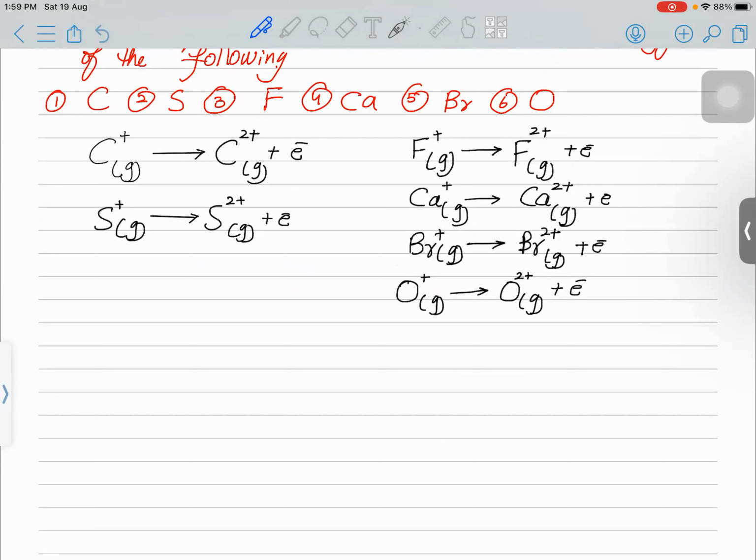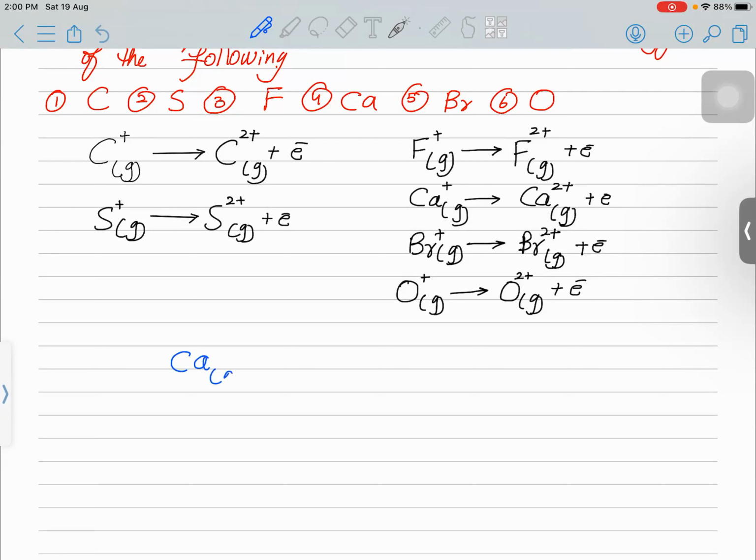For all elements, in the first ionization energy they will always have a plus one, right? Exactly. And in the second stage they'll have a plus two. But it goes from plus one, not from zero, right? Of course. For example, from plus 4 to 2 plus. Got it.